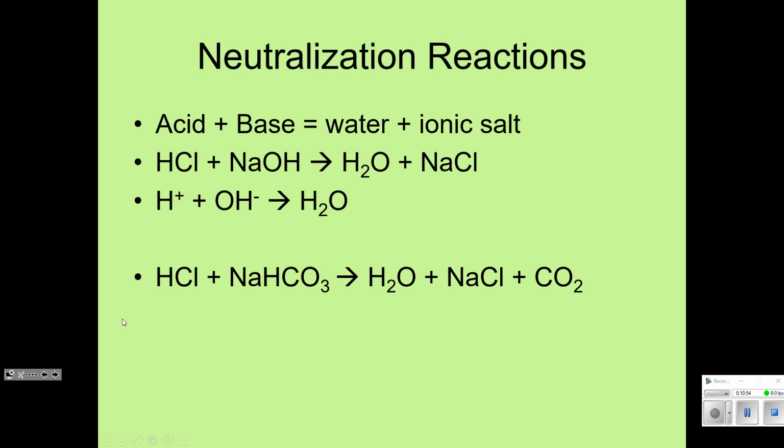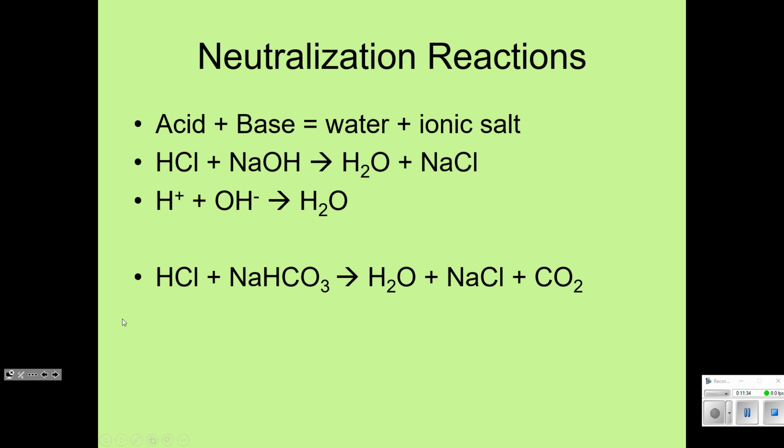And for the most part, when this occurs, if they are combined in the correct stoichiometric ratio, which is why we have to do a little math with this in a little bit, it should make a neutral solution, hence a neutralization reaction. Sometimes that ionic salt can actually react with water in something called hydrolysis and can make it slightly acidic or slightly basic. That's when things get really weird. You've got probably until either late March or early April before we get to that spot.